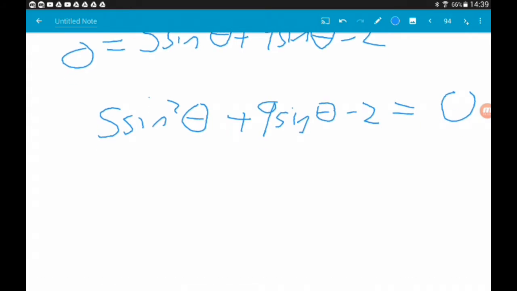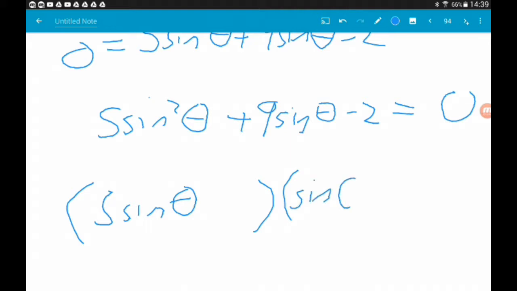So, bit of a tricky one to factorise maybe. One of our brackets is going to need a 5 sine theta. So then the other one is just going to have a sine theta. Now, we know the two numbers at the end have to multiply to minus 2. So that doesn't really give us many options. Our pair of numbers is going to be 2 and 1, and one of them is going to be negative.